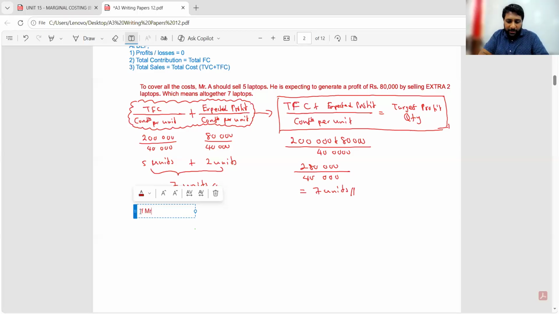If Mr. A sells 7 units, he will be able to generate a sale of rupees 700,000.